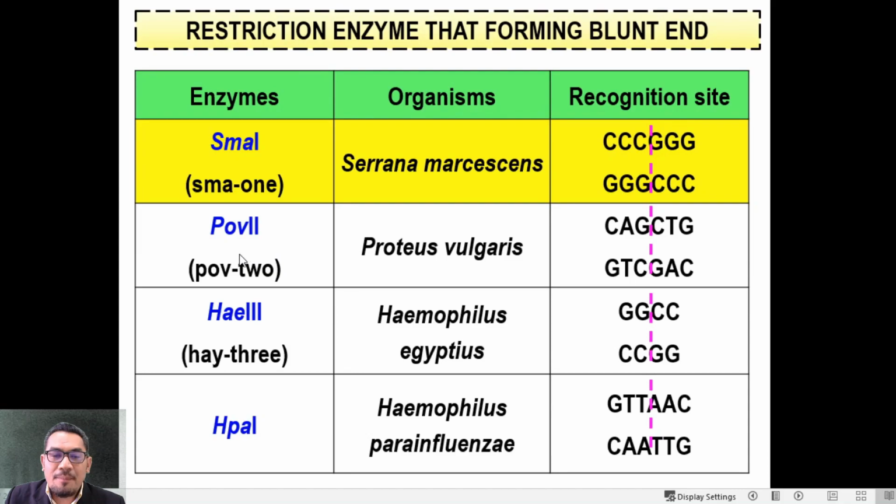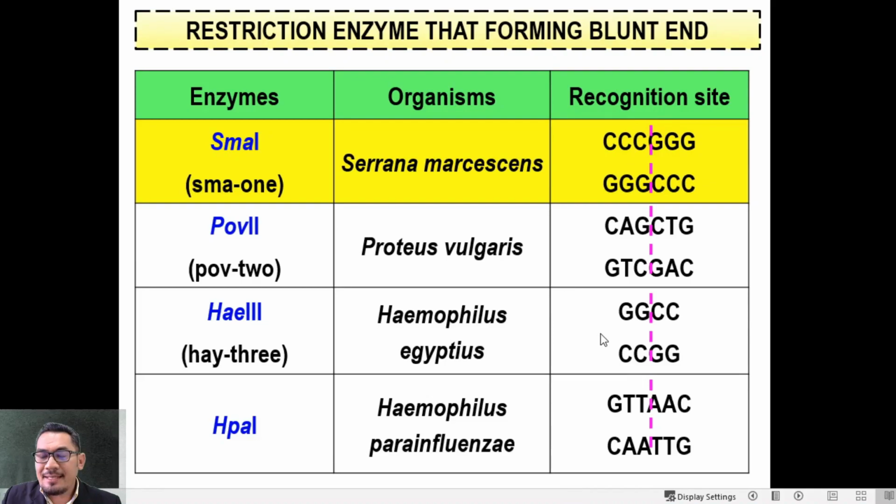Second example, PvuII derived from Proteus vulgaris, and the recognition site is 5 prime CAGCTG 3 prime, opposite strand 5 prime CAGCTG 3 prime. Third example is HaeIII that comes from Haemophilus aegyptius.